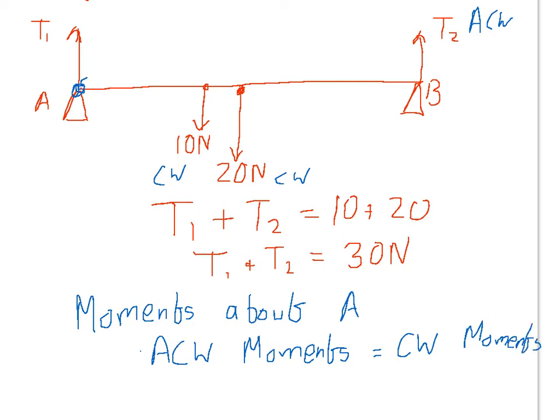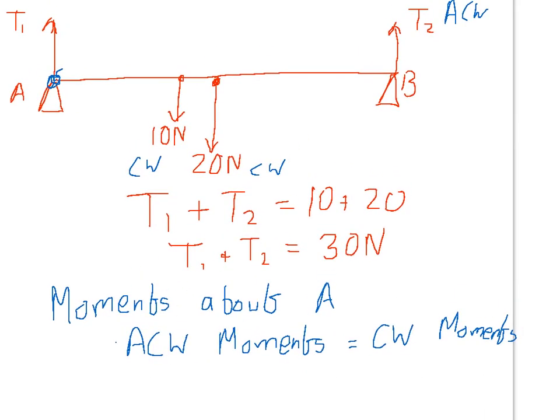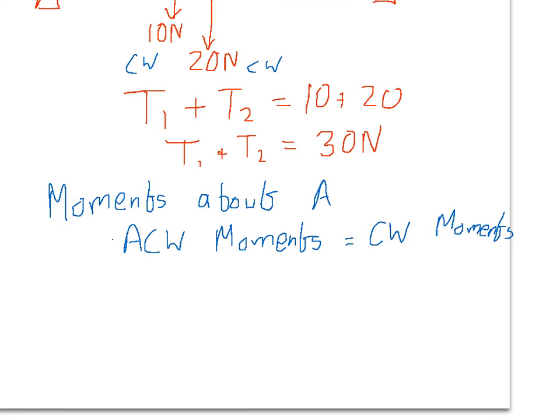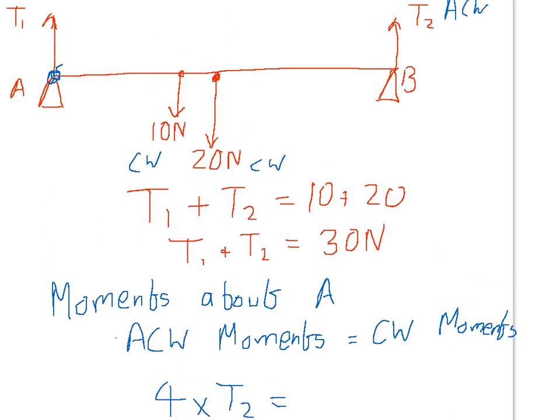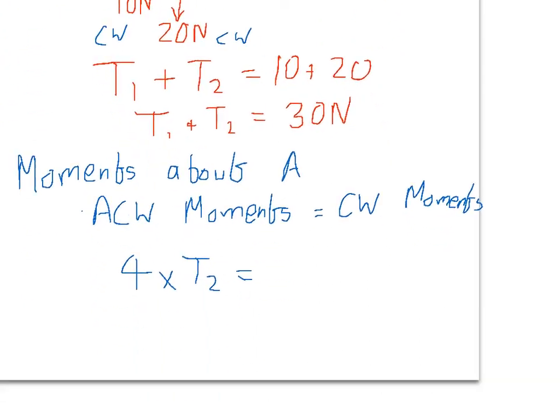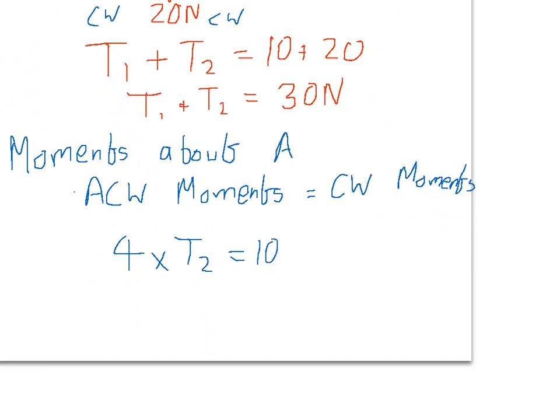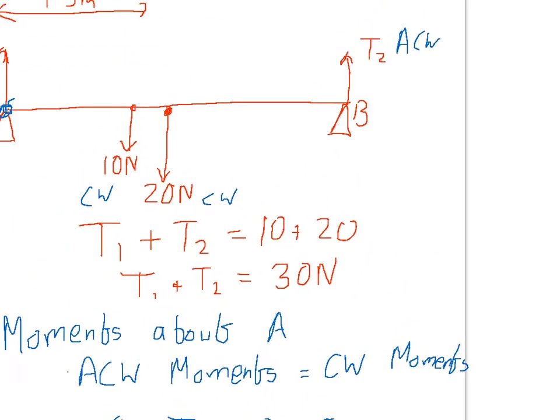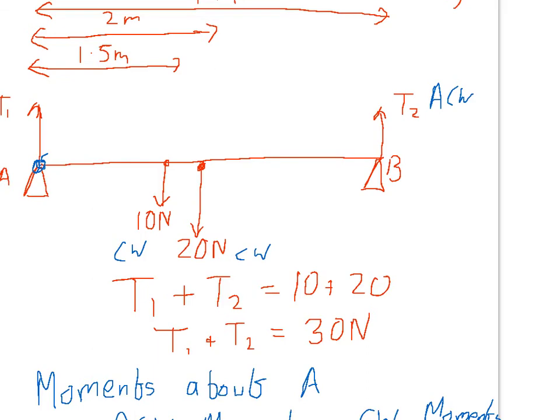So, let's do this. The clockwise moments are the 10 and the 20, and the anti-clockwise is the T2. First step, the distance between A and T2 is 4 metres. So, it's 4 times T2 equals 10 times that distance, which is 1.5, so 10 times 1.5, plus the other moment clockwise, which is 20 times 2 metres.